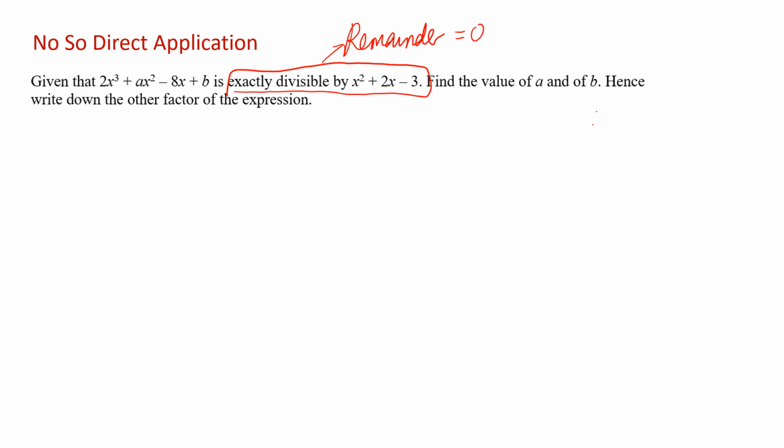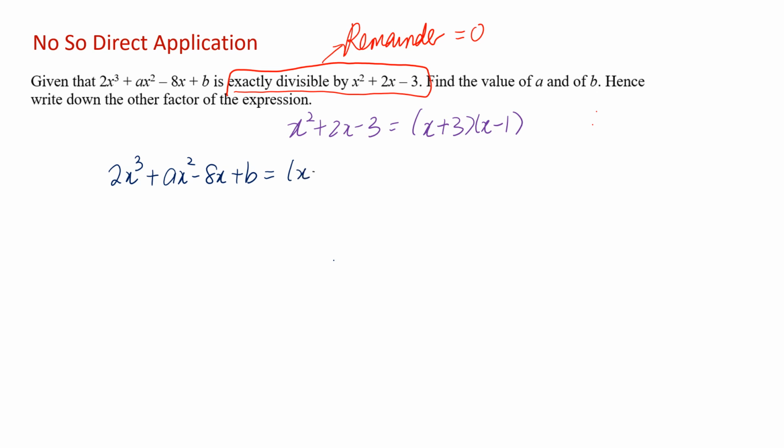Yes, you factorize it. You factorize your quadratic divisor into linear factors. Okay, so this is what we're going to do. Your x squared plus 2x minus 3 can be factorized into, okay, right, and then let's start off with your dividend, which will be equal to the two linear factors there, multiplied with the quotient.